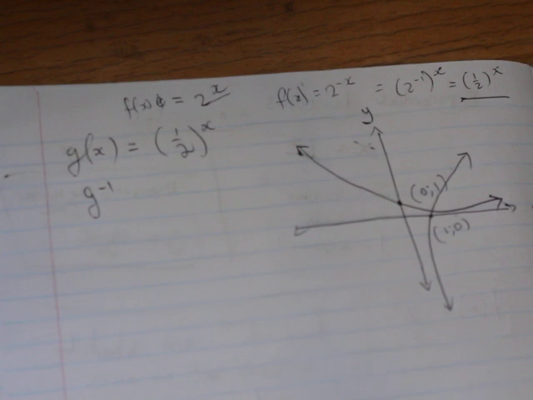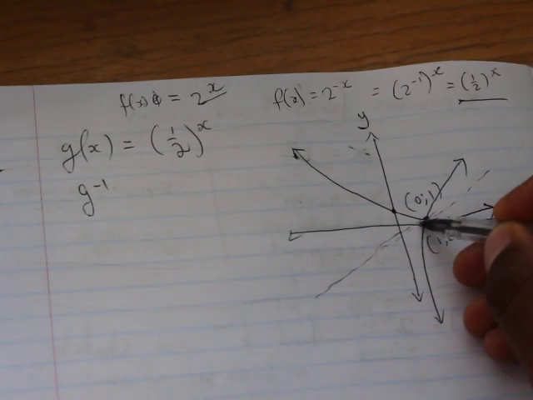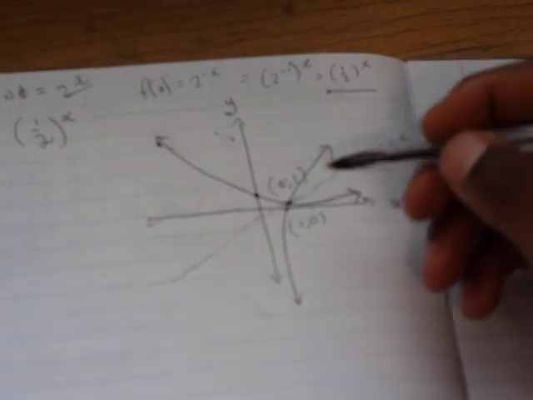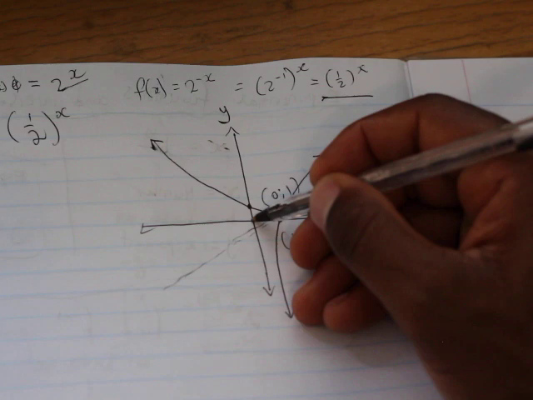There we go. And the line y is equal to x. It's just that this is not drawn to scale. It's supposed to pass through this intersection here, and it's also supposed to pass through the origin.